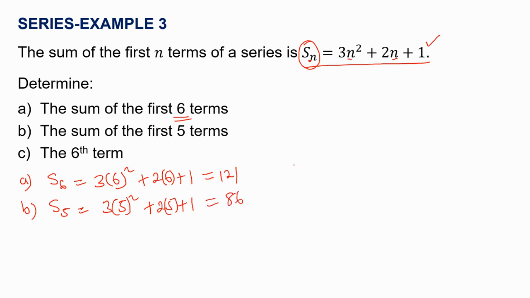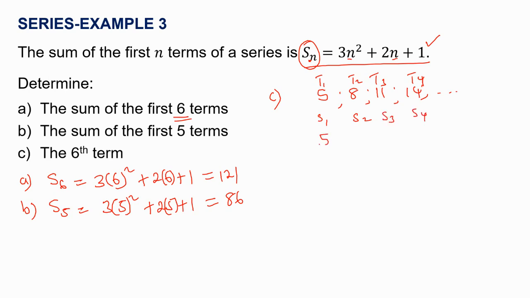Now, I want us to discuss C. Let's say we have a sequence 5, 8, 11, 14, like that. This is a sequence, right? And then let's find the sum of these terms. So this is T1, T2, T3, T4. What about S1, S2, S3, S4?